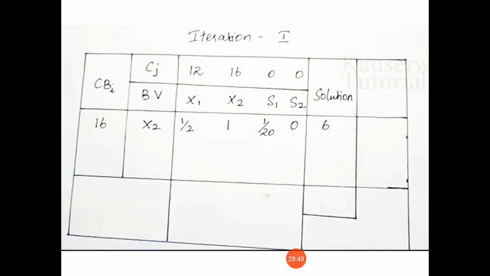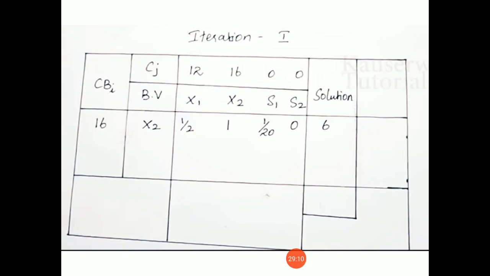Now I need to further fill the table. So below the first basic variable in the iteration table 1 is x2, as it was the entering variable I told you in the initial simplex table only, and it is written in place of the s1 slack variable.